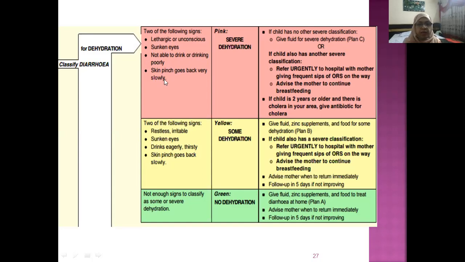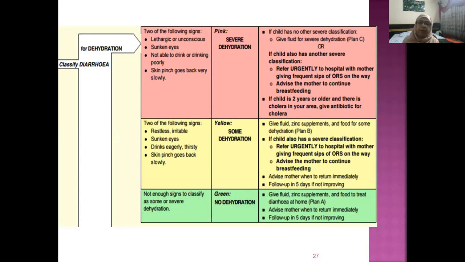That is, when it takes 2 seconds or more than 2 seconds, then we call it skin pinch goes back very slowly. If any 2 of the 4 are present, then you will classify the child as severe dehydration, that is, acute watery diarrhea with severe dehydration.